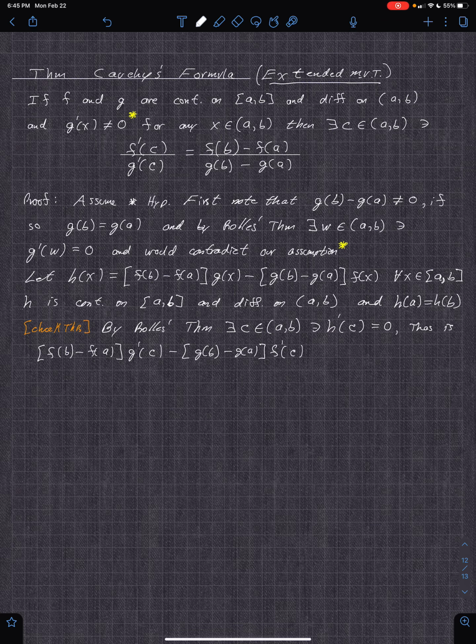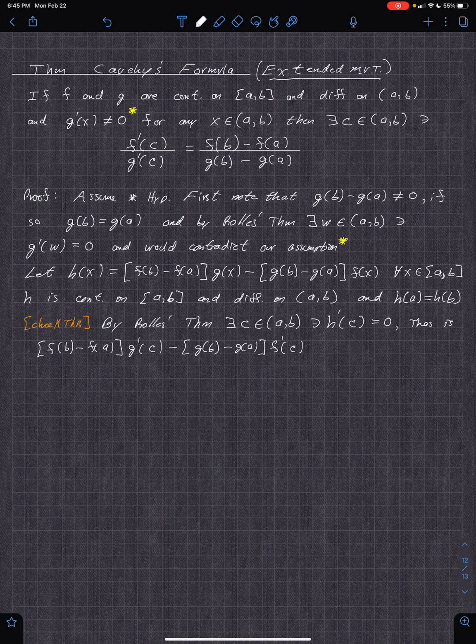So this is h prime. I probably should have just said that. So h prime of c is that derivative, which equals 0. And that basically gives us what we want. Now you can just take this, add it, divide out appropriately, and you're done.